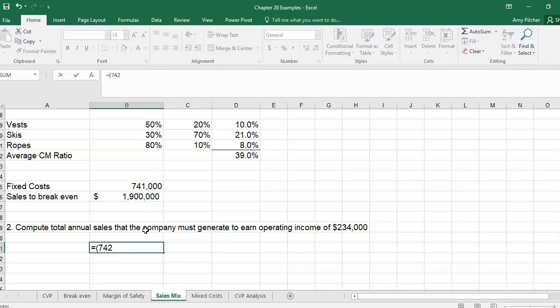So we would take $741,000 in fixed costs plus that operating income of $234,000 and then divide that by our average contribution margin ratio. That gives us a total of $2.5 million in sales to generate an operating income of $234,000.